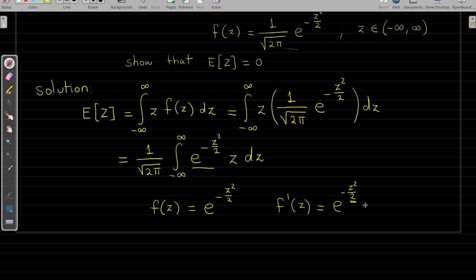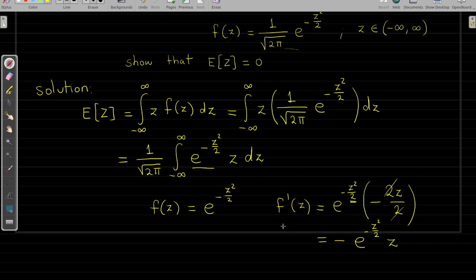All right, the derivative of the exponent that we have over here. So what is that going to be? That is minus 2z over 2. Okay, so by simplifying, this and this will cancel out, and here I will have minus exponential of minus z squared over 2 times z.